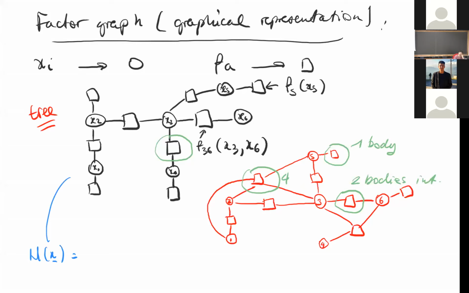So where there are two, for example F3, we can use J, and where there is only one, we use H. For the four-body one, you can also use J in general. You use whatever variable you want.